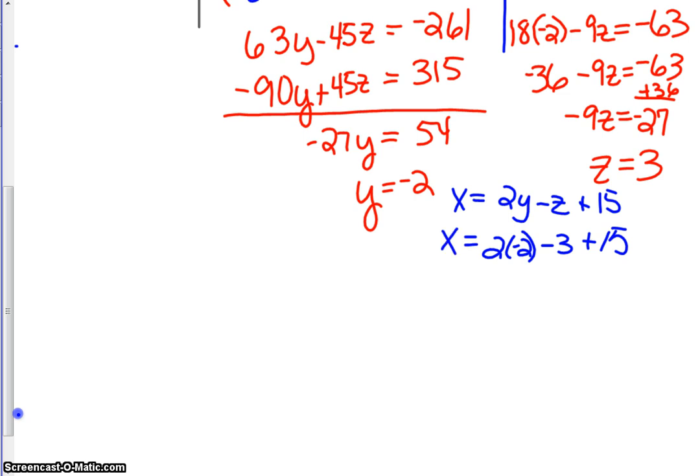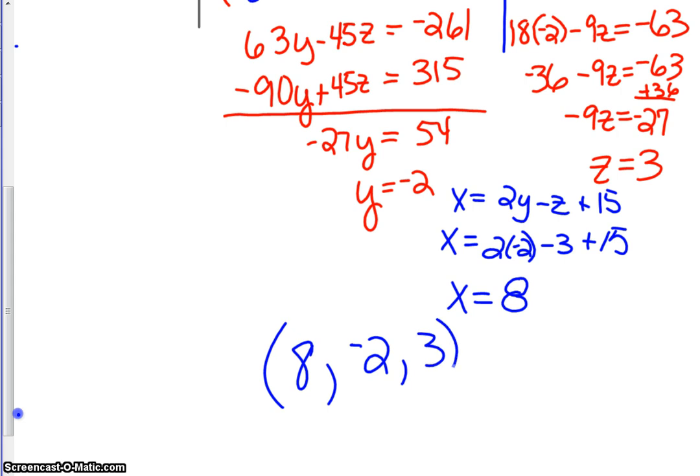So this just takes time. Negative 4 minus 3 is negative 7. Negative 7 and 15 is positive 8. So in the end, we found our answer to be 8, negative 2, 3.